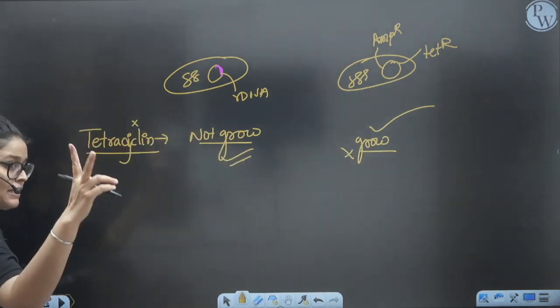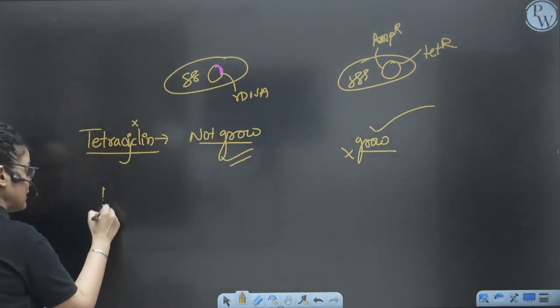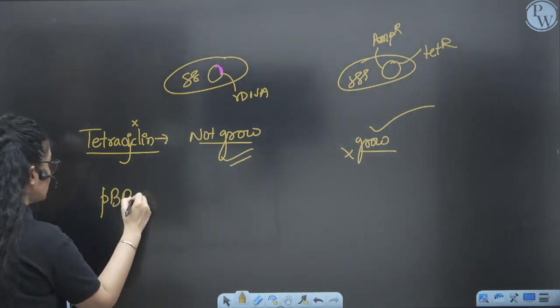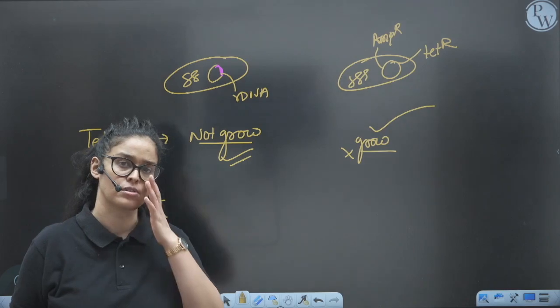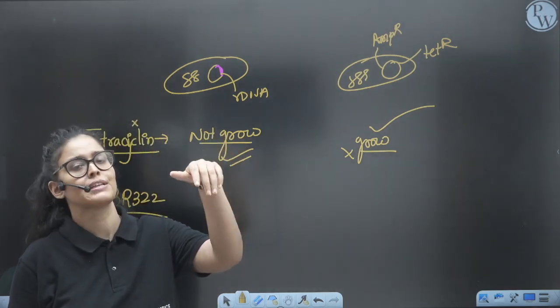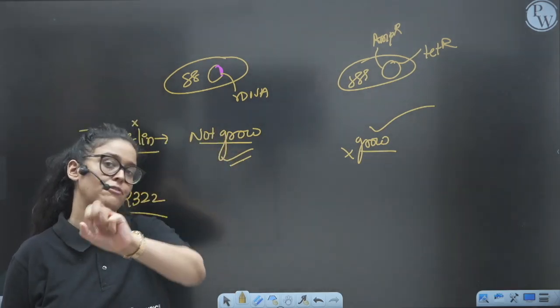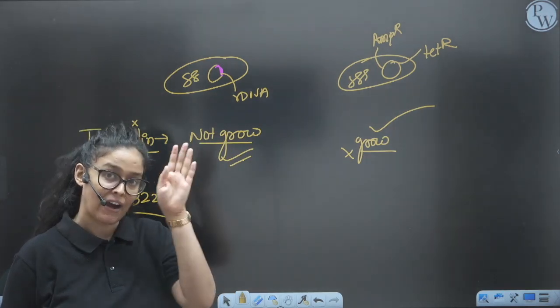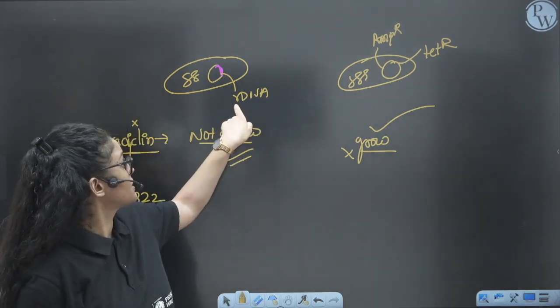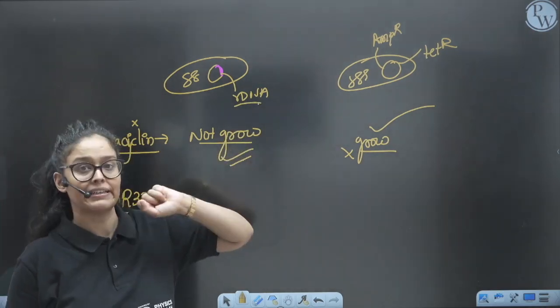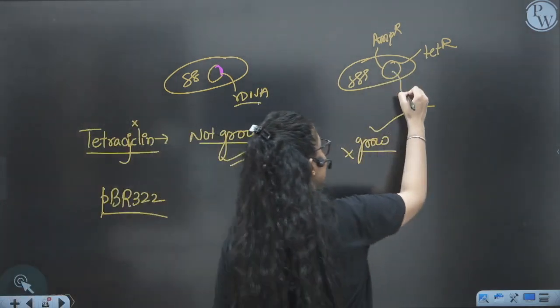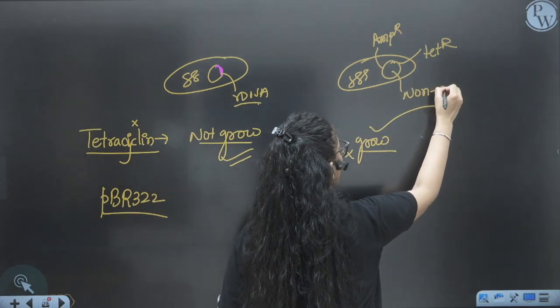But generally pBR322 has drawbacks. We don't use this plasmid because it is a very hectic, very cumbersome process. In the first step you are choosing the transformant from the non-transformant. And finally in the second step you are choosing the recombinant DNA from the non-recombinant DNA. Non-recombinant means which doesn't have our gene of interest, which we don't want.